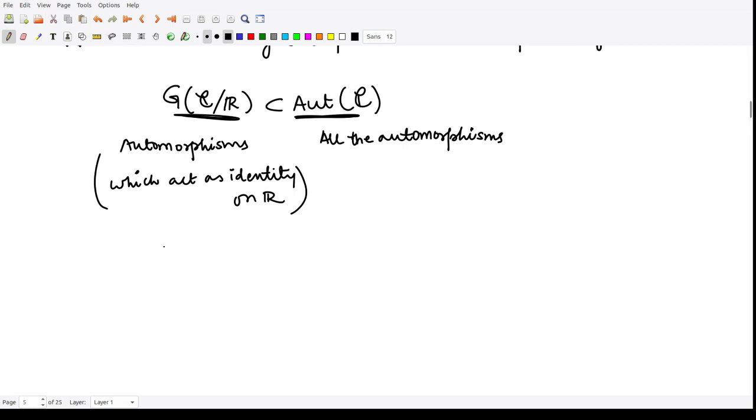And moreover, what would be C^H, the fixed field corresponding to this subgroup H?